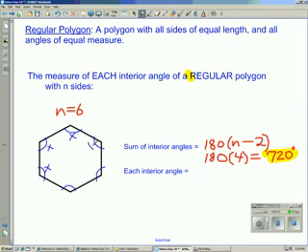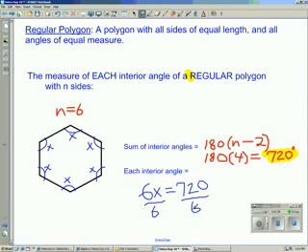So what can we do? Couldn't you just make it 6x and set it equal to 720? Exactly. We know they add up to 720, there are six of them, and they're all the same, so we just divide 720 by 6. That tells us they are each 120 degrees.